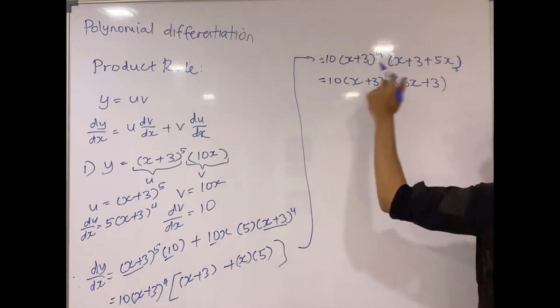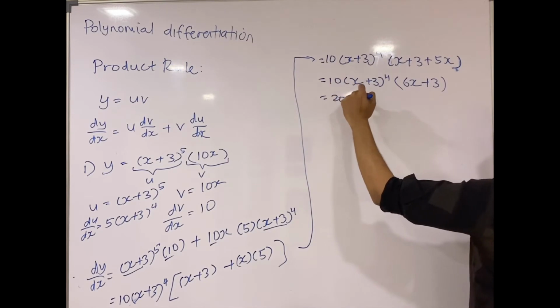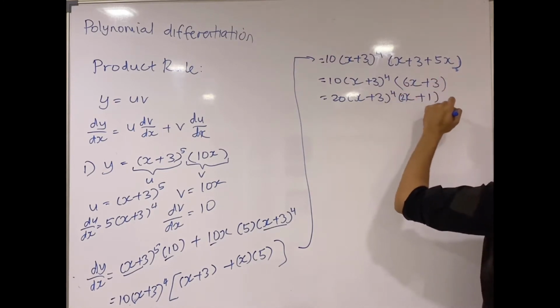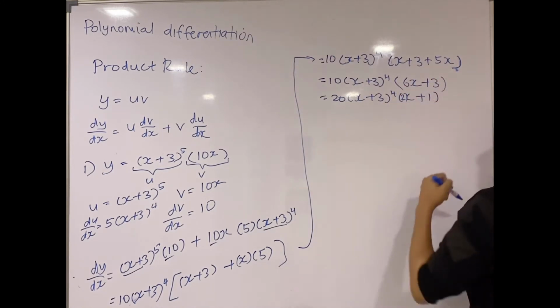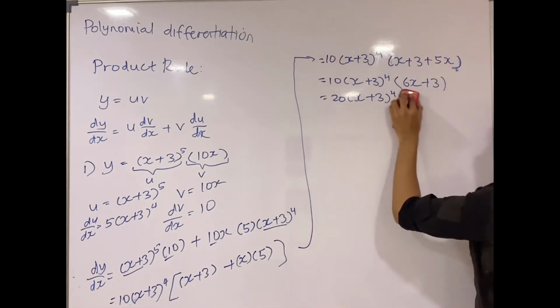And you can take 2 out from here. So that's going to be 20. See, I made a mistake.